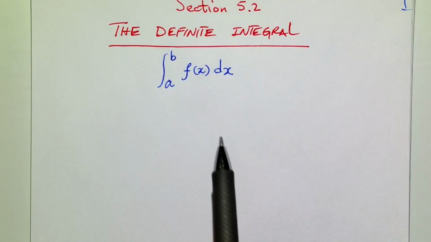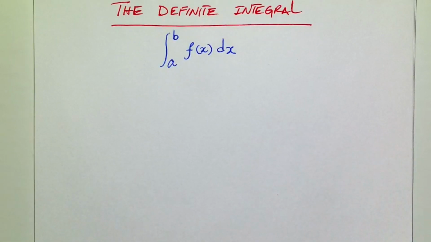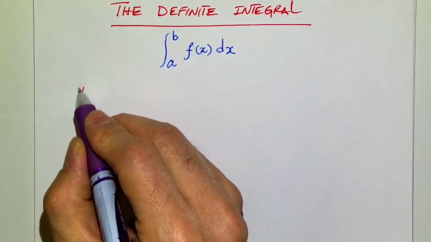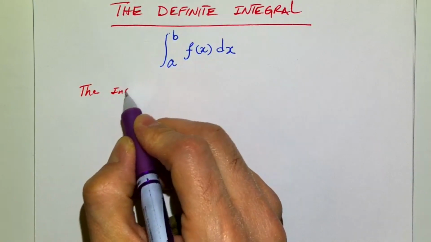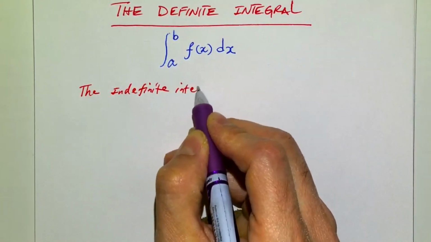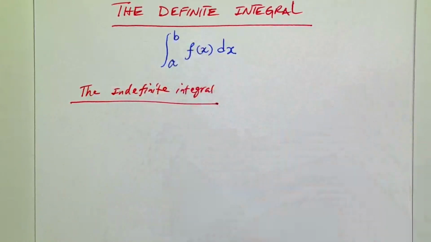But let's just quickly talk about what is an indefinite integral. So at least we know the difference and we know how to recognize one from the other. So the indefinite integral has these limits missing.